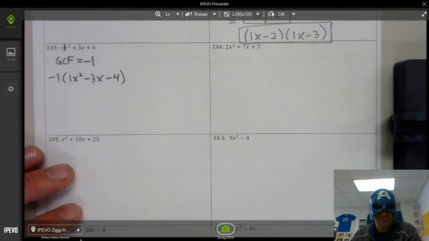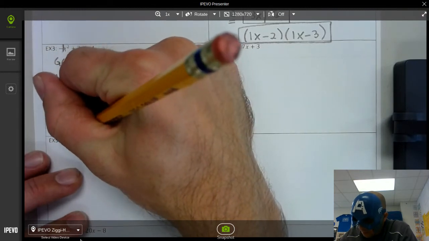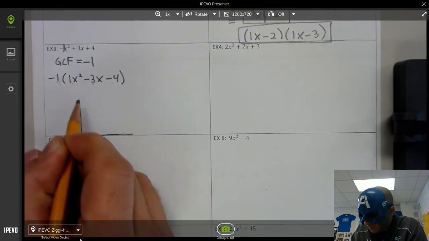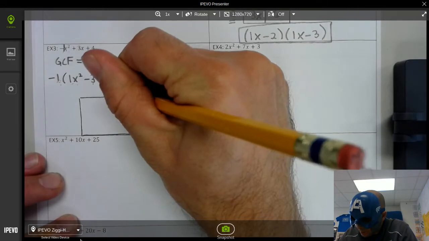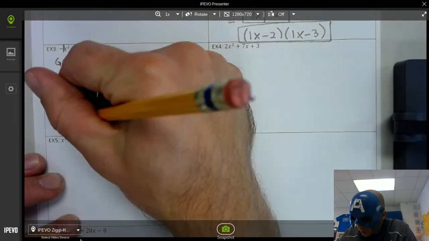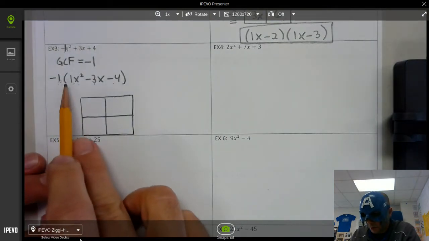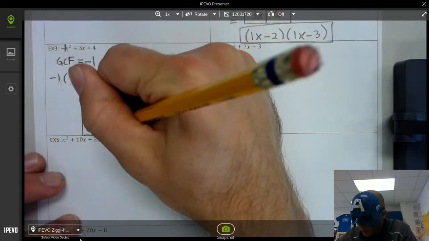All right, so now we factor. So we draw a box. Now we're not going to worry about the negative 1 at the time. We're only worried about 1x squared and negative 4.